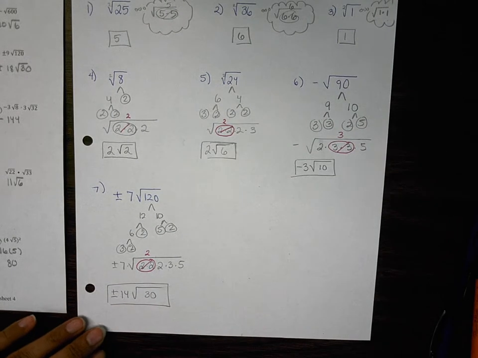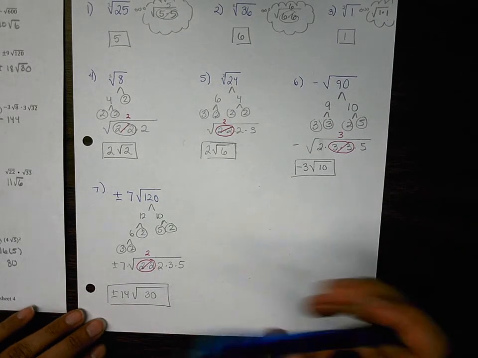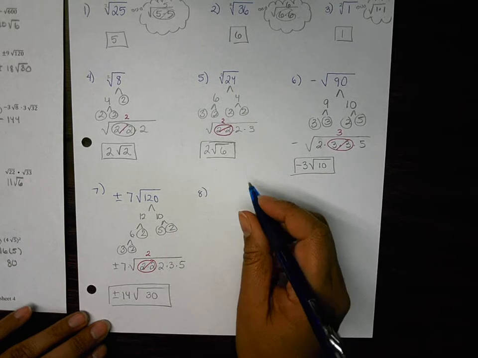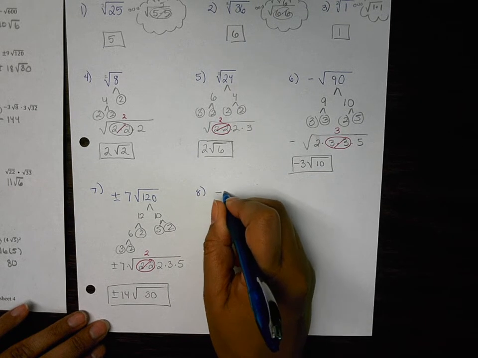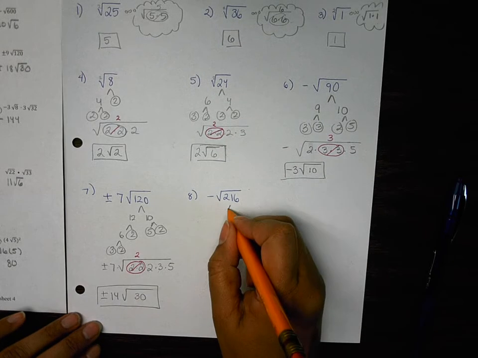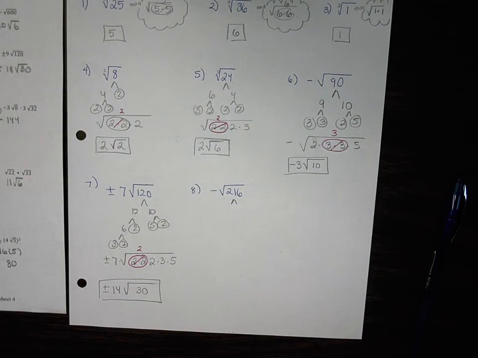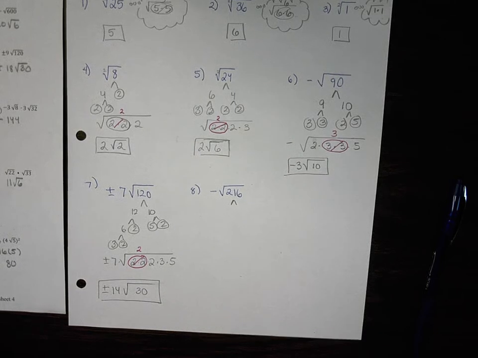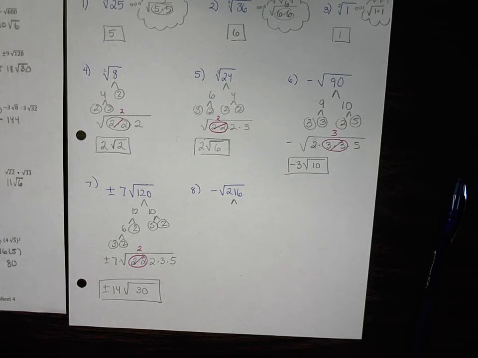Okay, what if you had something like this? Number 8: negative square root of 216. Can you guys go ahead and do that? You can break it down using 2 or 3, 4, 8.